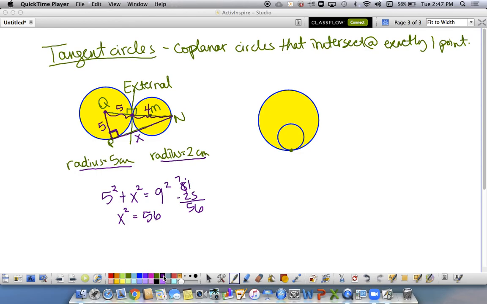So, what's the square root of 56? If we want a simplified radical, can you do that? I hope you can. All right, so how do we find x? Square root of 56. What goes into 56? Does 4?